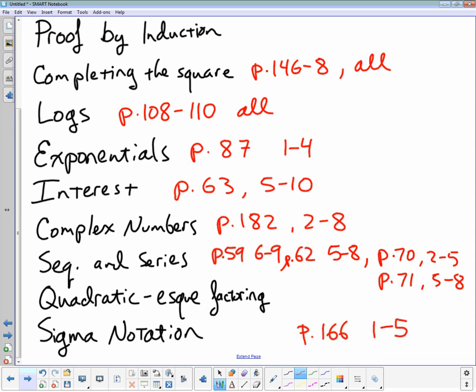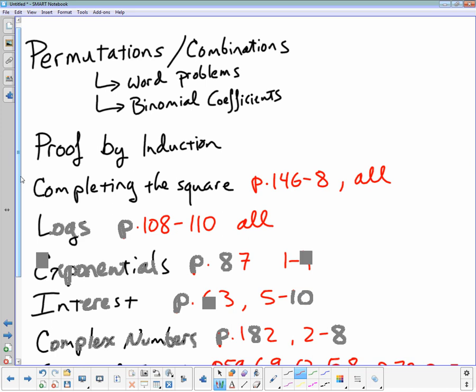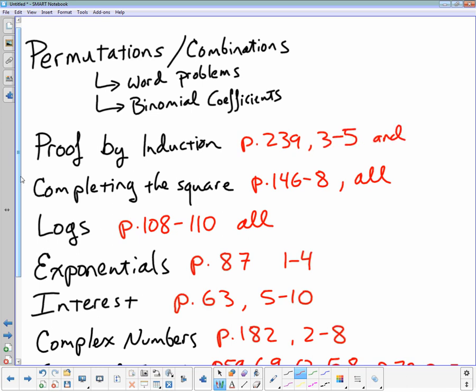Proof by induction. Where's that? Page 239, 3 through 5, and page 240, 6 through 9. And permutations and combinations, page 213.